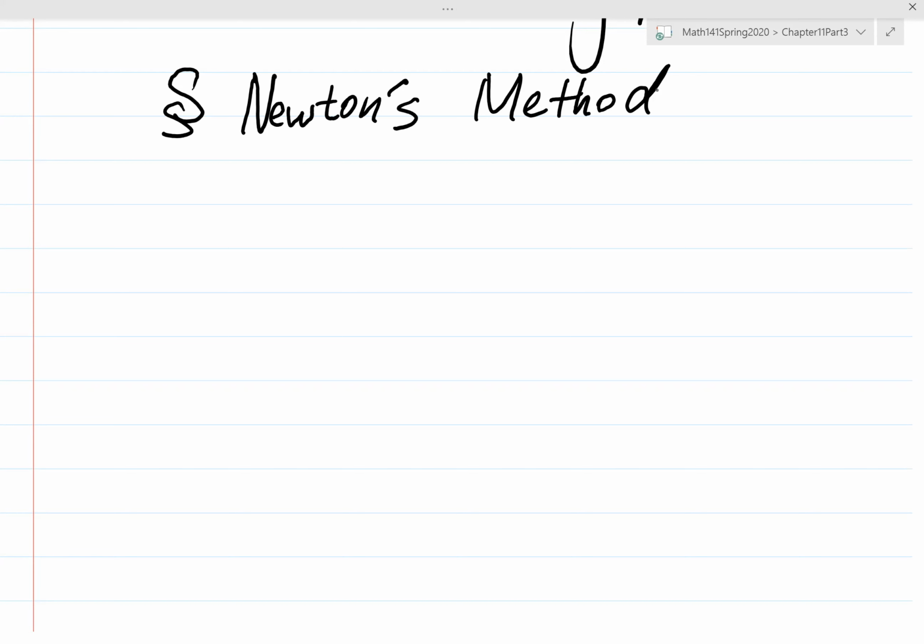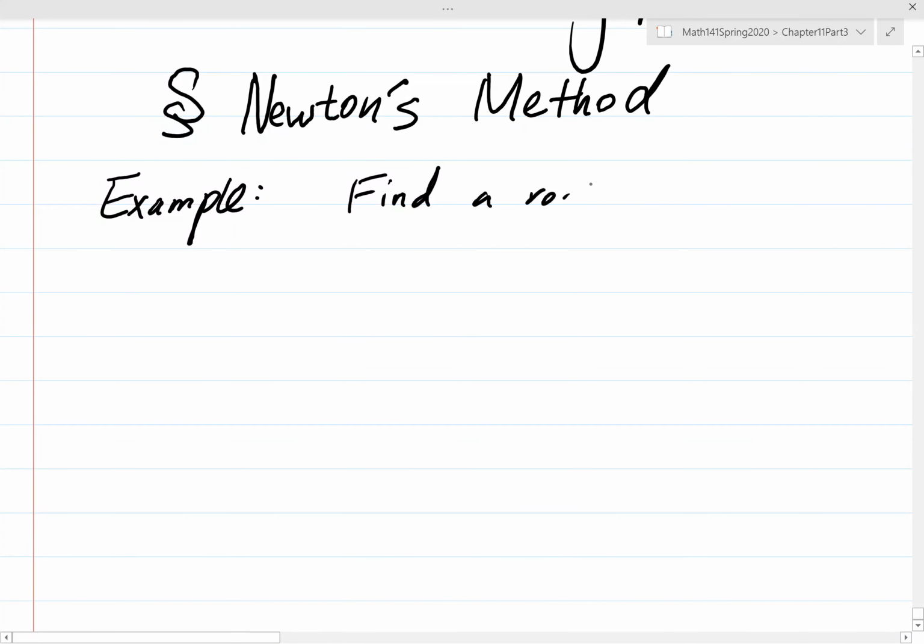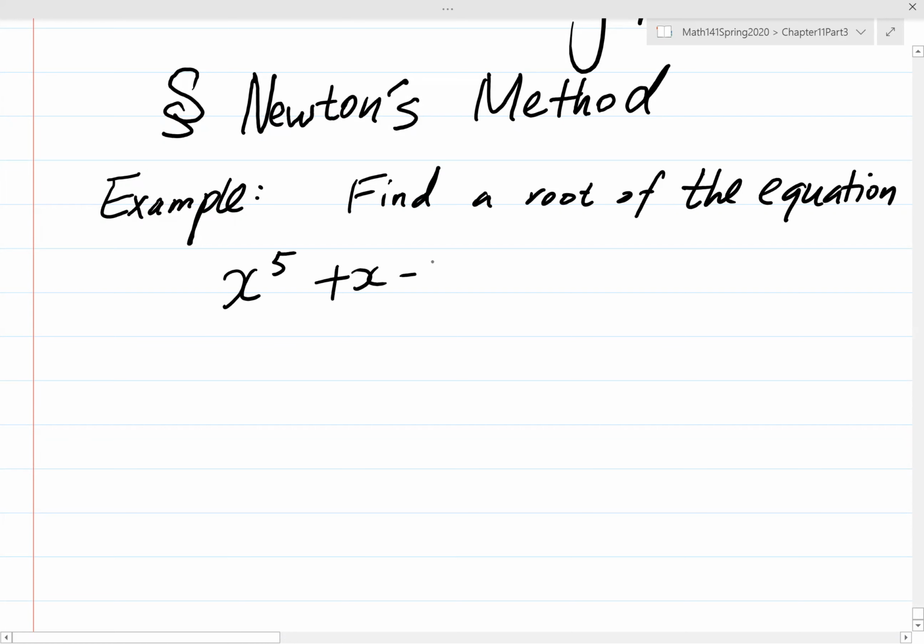Okay, let's see one example. Find the root of the equation x to the power 5 plus x minus 1 is 0. First of all, this is a degree 5 equation. In general, a degree 5 equation cannot be solved by radicals.